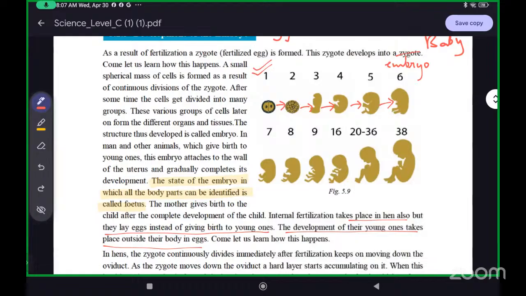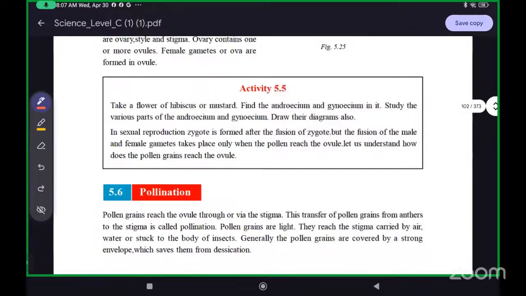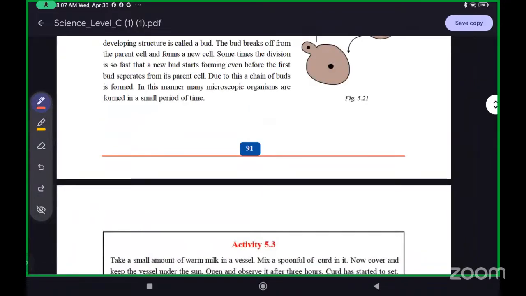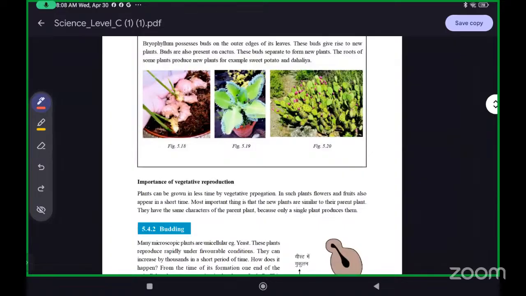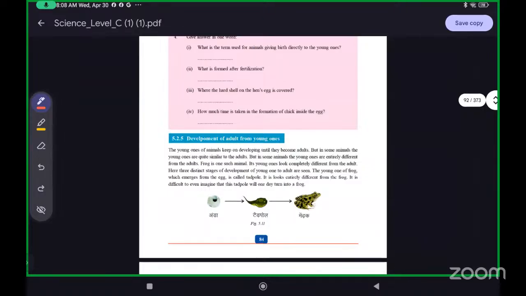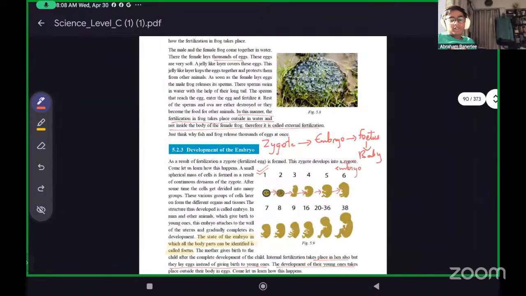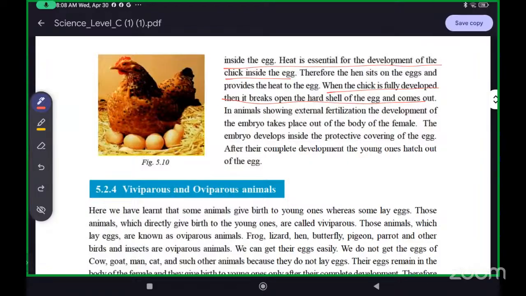Okay, so we will move forward. Now, what about the development of adults from the young ones? We'll come to it.